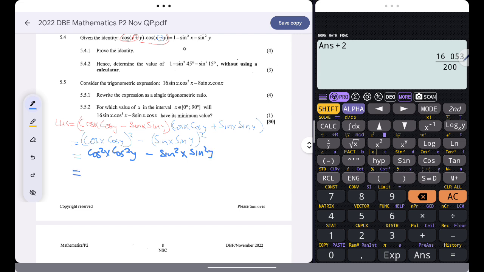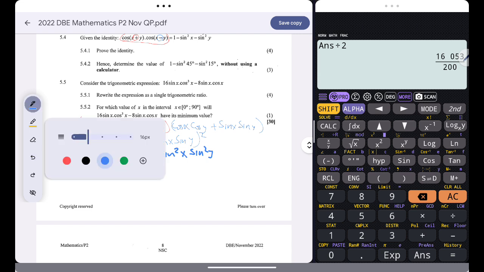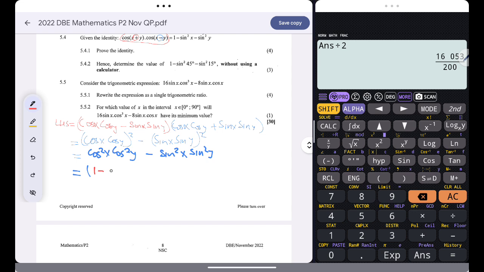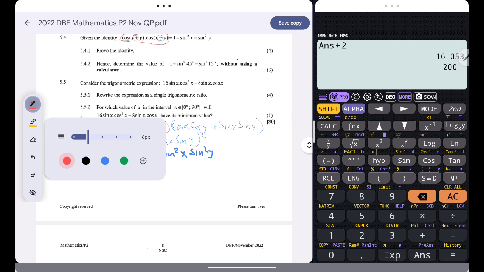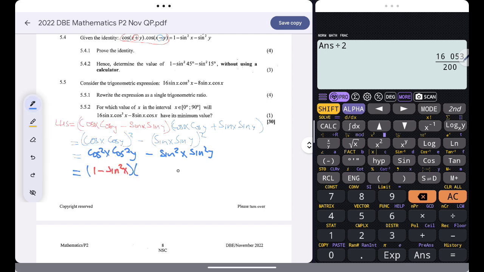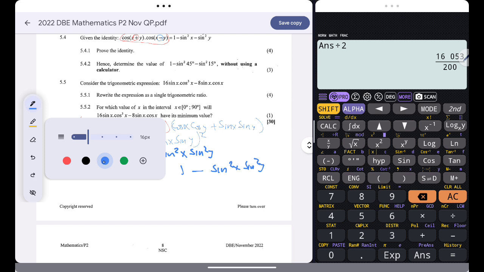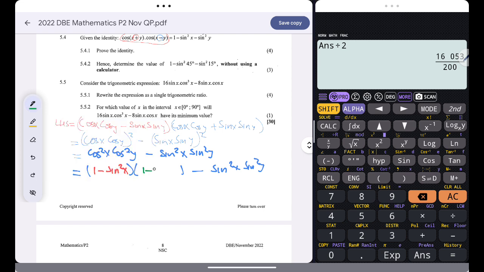We can see that our right hand side has only one trig ratio, which is sine. So that means we must just change these two guys to be expressed as sine. Okay, so the first one, I'll have 1 minus sine squared x, and then the second one is 1 minus sine squared y, right?